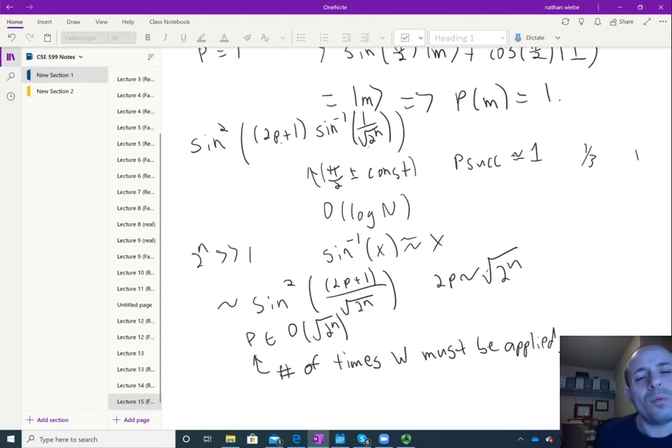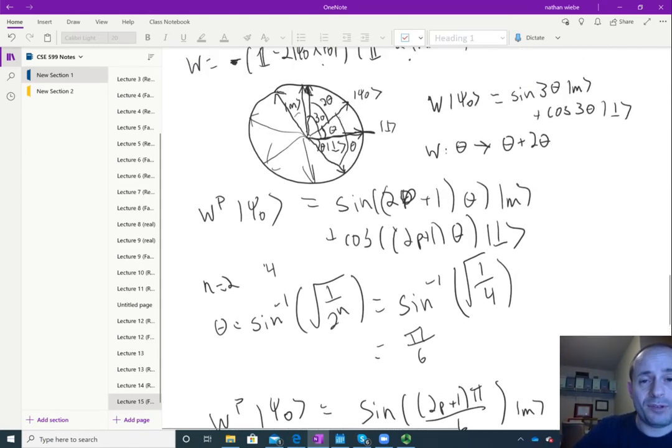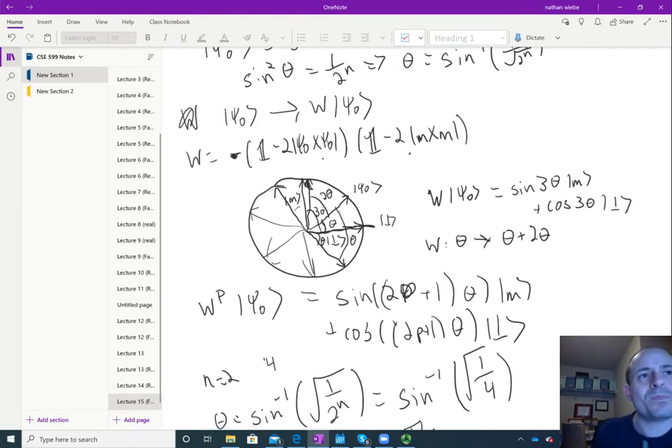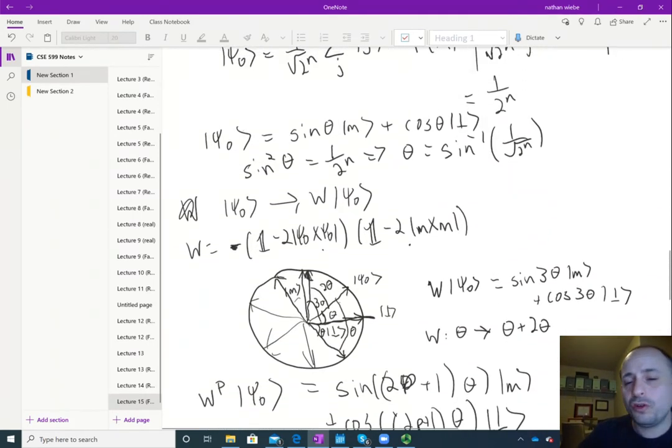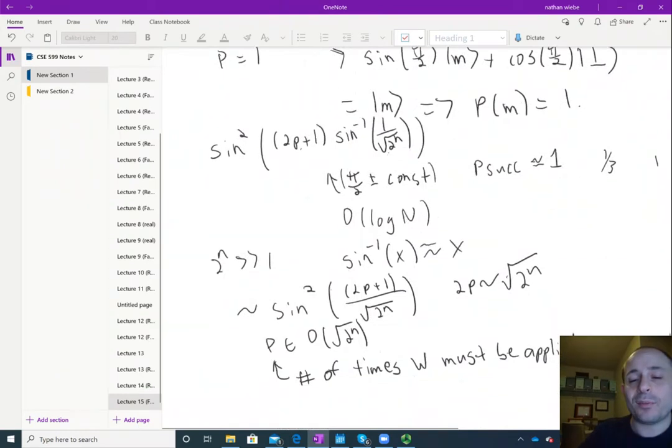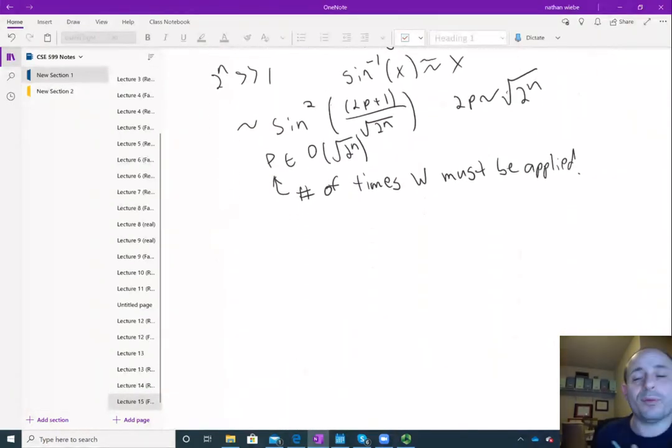Okay, so what this ends up saying is that if we can implement w, and if the number of times that we have to query the function f to implement this object w is a constant, then we can iterate in order to get high success probability using a number of repetitions of these two reflections that ends up scaling like square root of the number of entries that we're searching, not linearly like the classical lower bound.